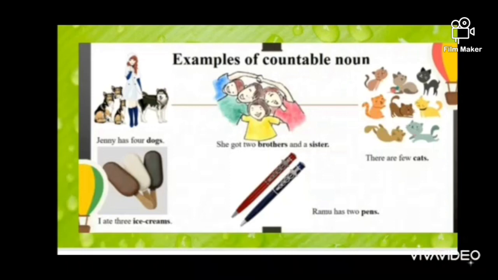So here you can see the number is used before nouns. 4 dogs, 2 brothers and a sister. So we are using a before a singular countable noun. Numbers before plural countable nouns. 3 ice creams, 2 pens. We also use quantifiers such as few. There are few cats.